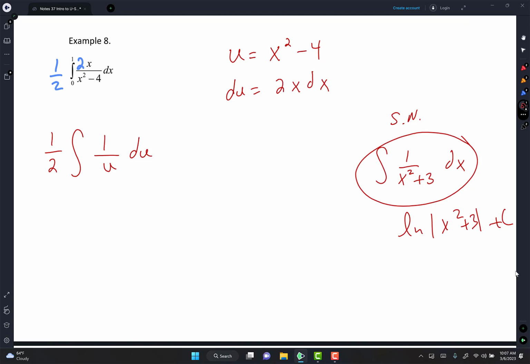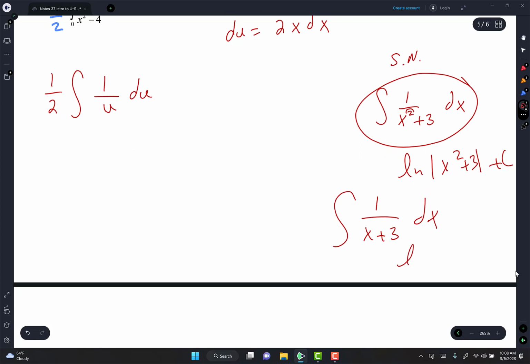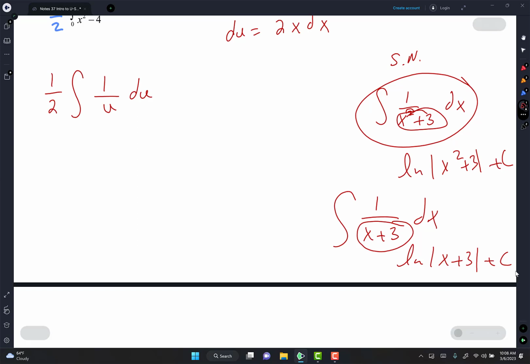No. So this is not an ln, but this one is. Why is this one an ln and the other one not? Here's what I wanted. This is linear. This is not linear. The only time the antiderivative is going to be ln is if you have a linear expression.